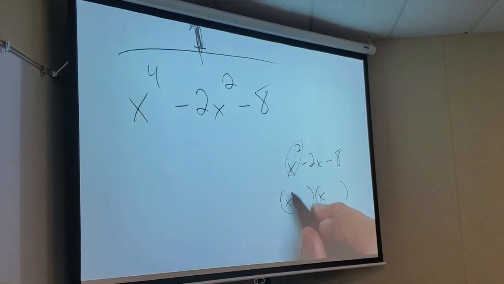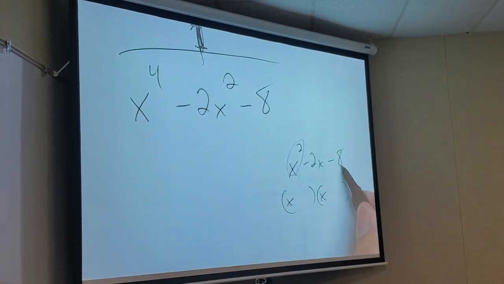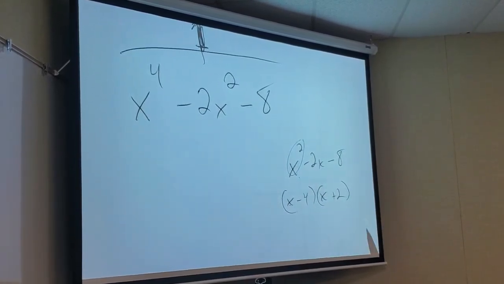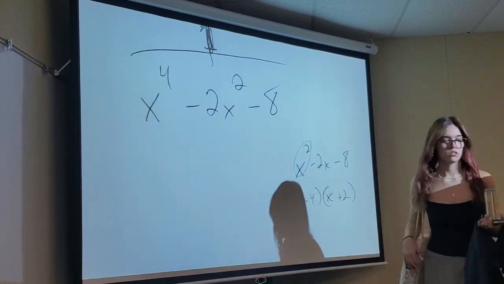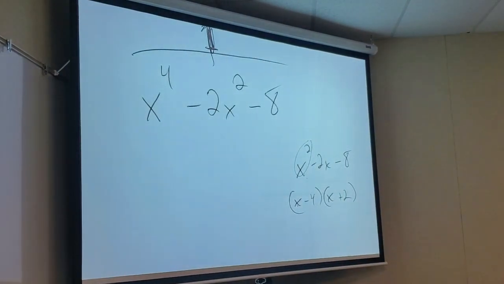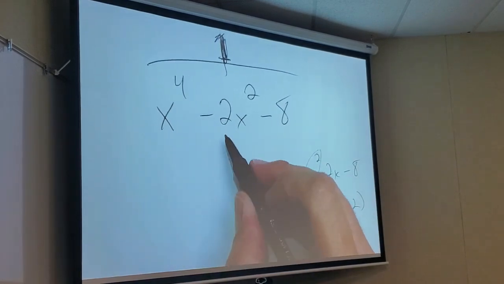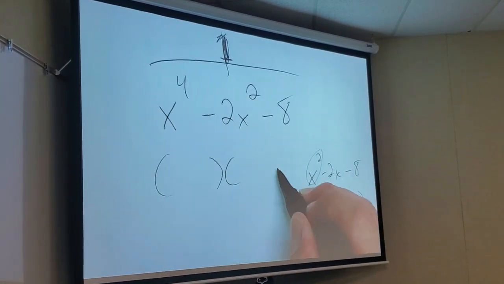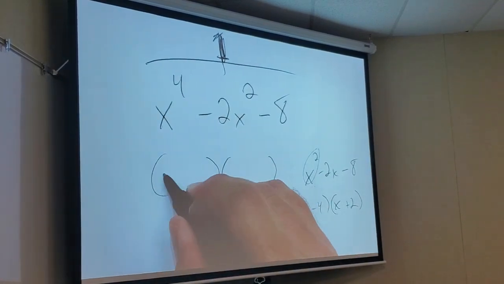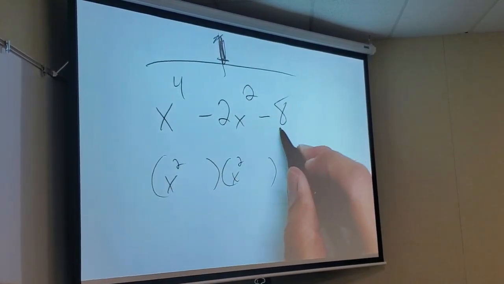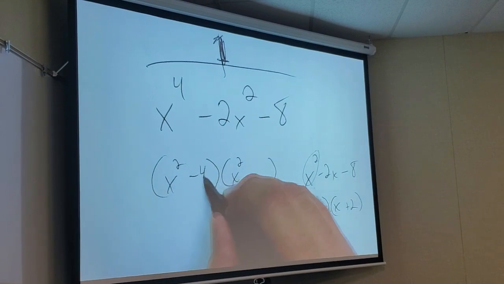Split this in half, x and x, and then you need the 2 numbers that make it work. Is that cool? You guys with me? So far, so good? So, how do I factor this then? x squared, and then it's still the same question. What 2 numbers work? Minus 4, plus 2.